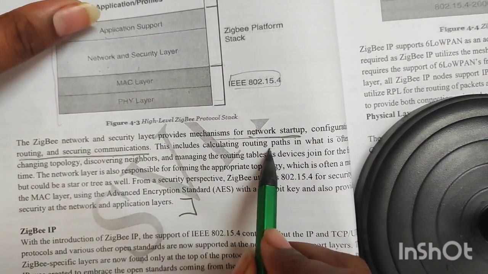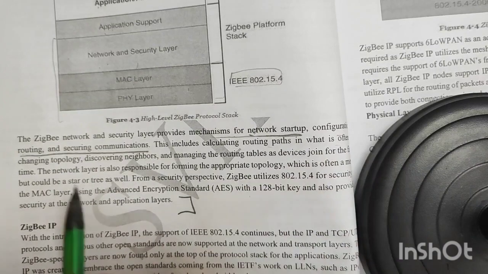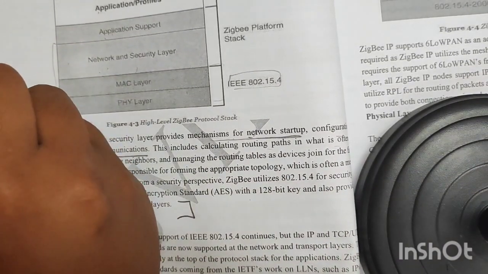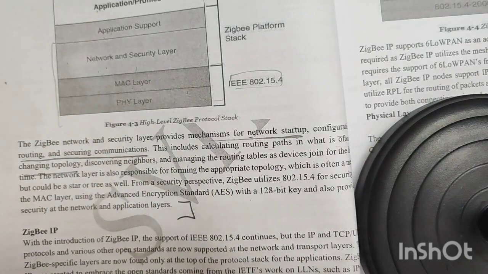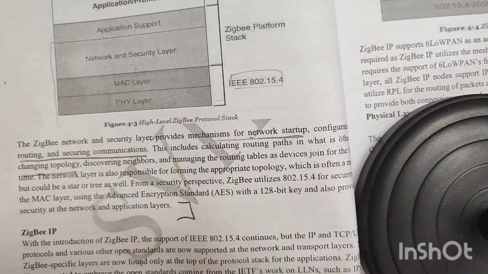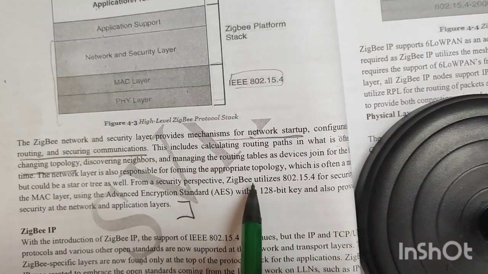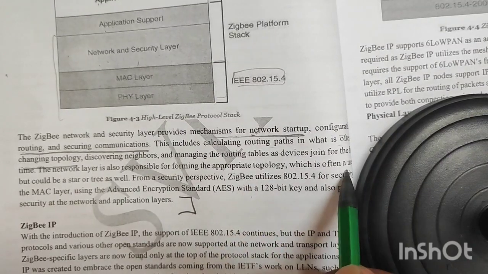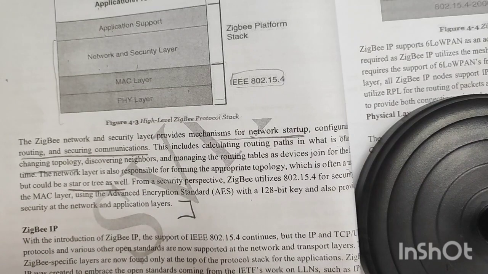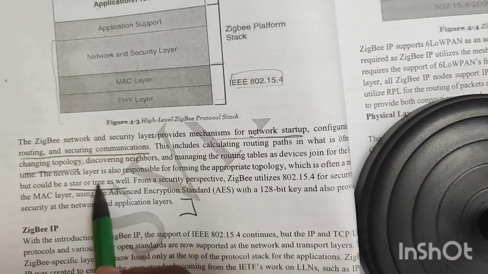It must calculate routing paths and handle often changing topology. You can have star topology and then you have mesh topology, right? It should be able to handle different types of topology also. The network layer is responsible for appropriate topology, which can be tree or star or mesh.